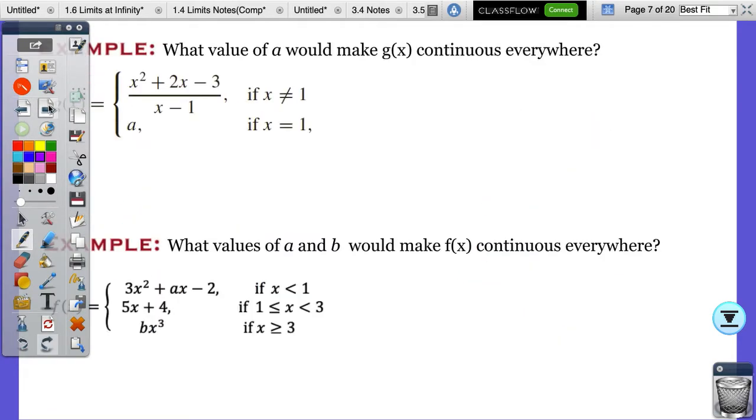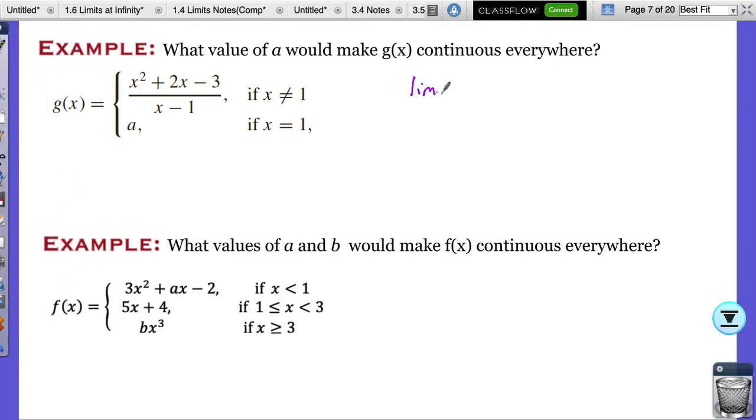So what you would do on a problem like this is you say, well, let me look at the limit of the top. What is the limit of the function g of x as x approaches 1? Because we want the limit and the function defined to be exactly the same place, so we've got to find out what the limit is.